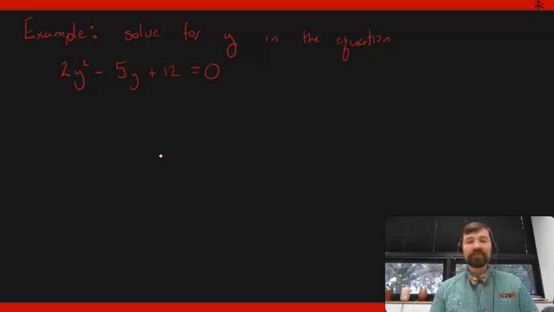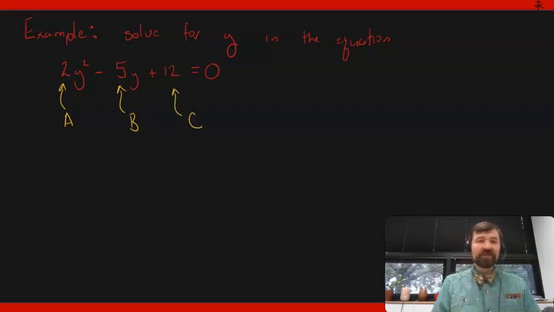use the quadratic formula. And so the quadratic formula says that this number right here is akin to a, this number right here is akin to b, and this number right here is akin to c.